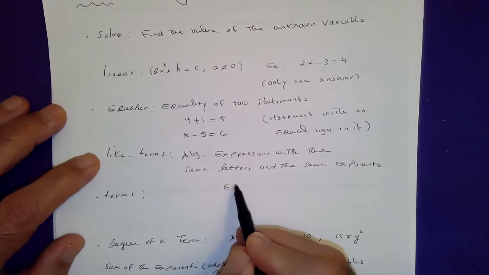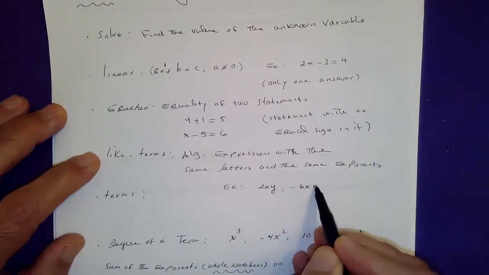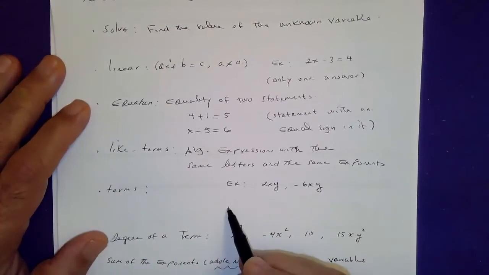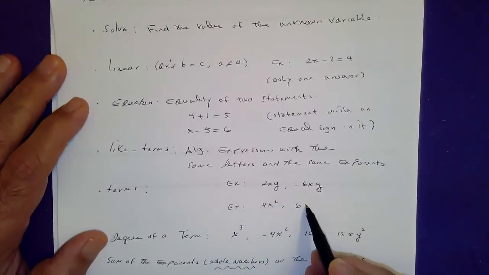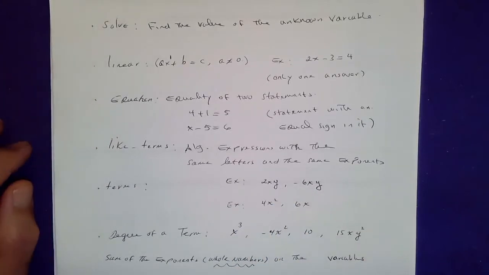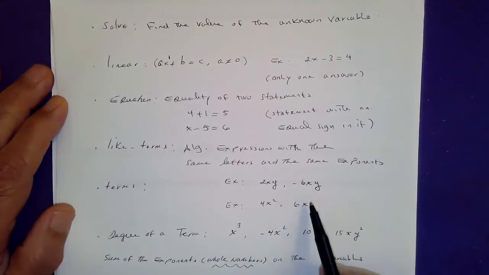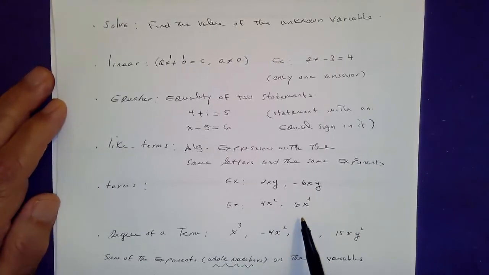For example, let's say I have 2xy and negative 6xy. These happen to be like terms. On the other hand, if I have 4x squared and 6x, these are unlike terms, even though they have the same variable, but the powers of the x don't match, so we cannot combine them.